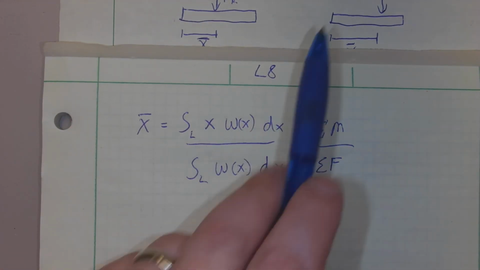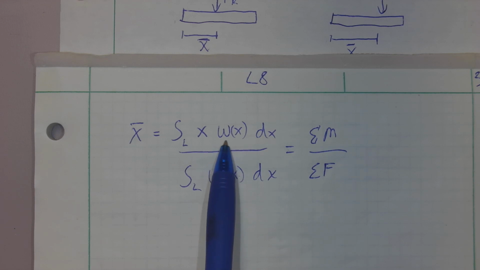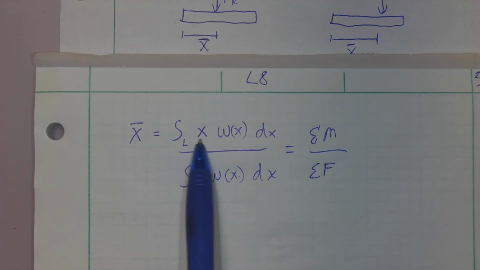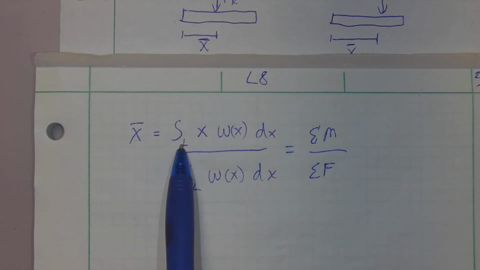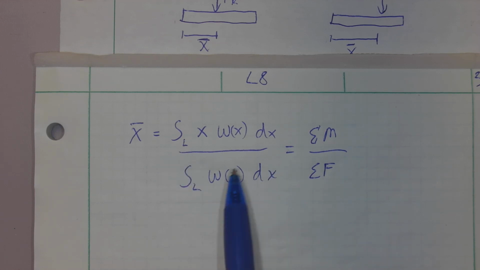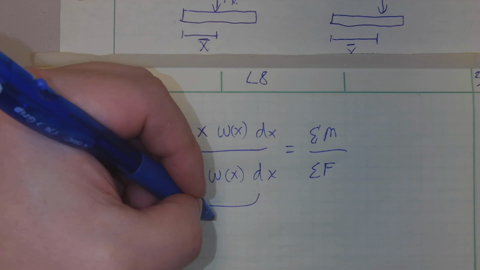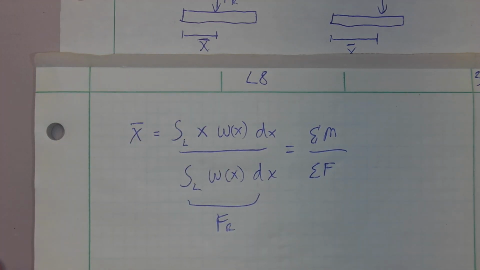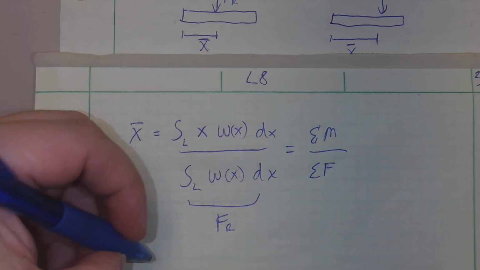So the integral is going to be whatever that function is, multiplied by x, and find that integral across the entire length over which that distributed load goes, divided by, essentially, your resultant force as a result of that distributed load. That's the denominator. It's the net force. Now, here's the good news.